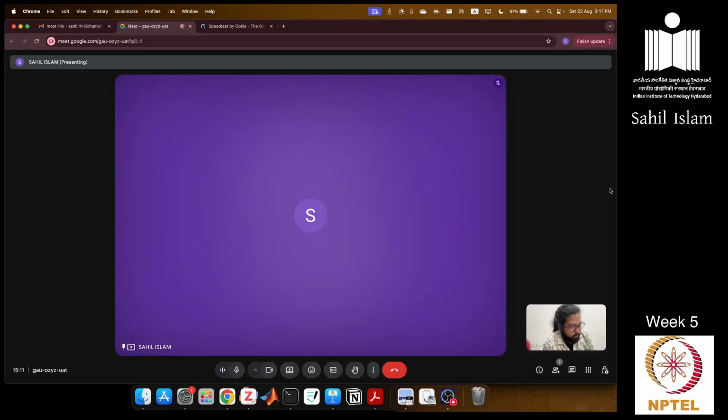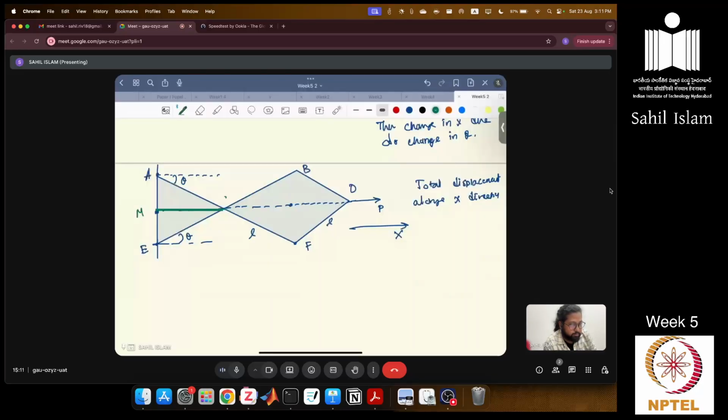Let's name it M, and this is C. In this triangle, we can write AM by AC.